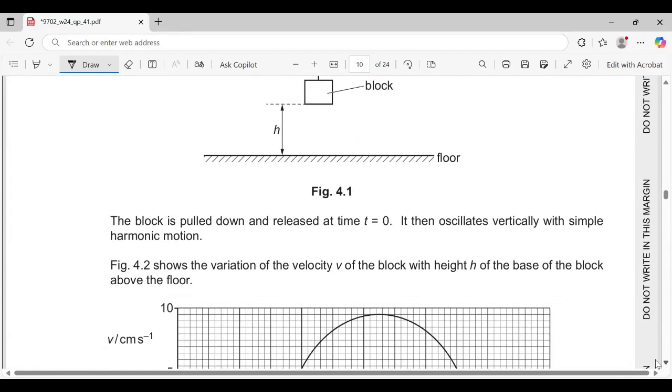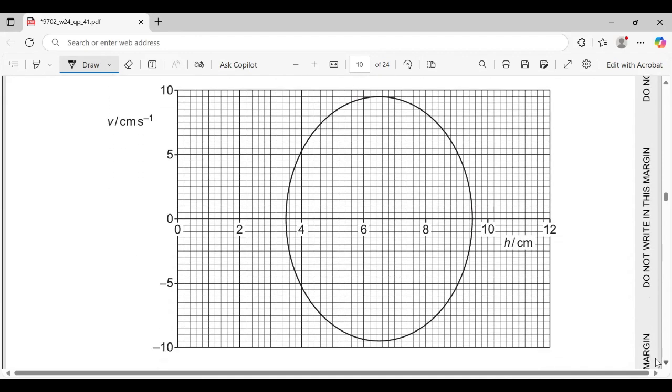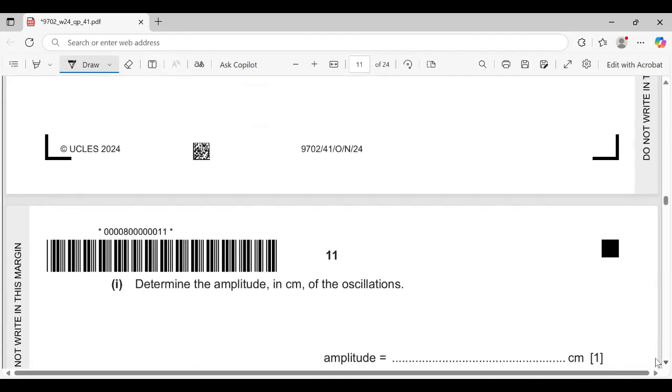The block is pulled down and released at time t equals 0. It then oscillates vertically with simple harmonic motion. Figure 4.2 shows the variation of the velocity v of the block with height h of the base of the block above the floor. Okay, this is the diagram.